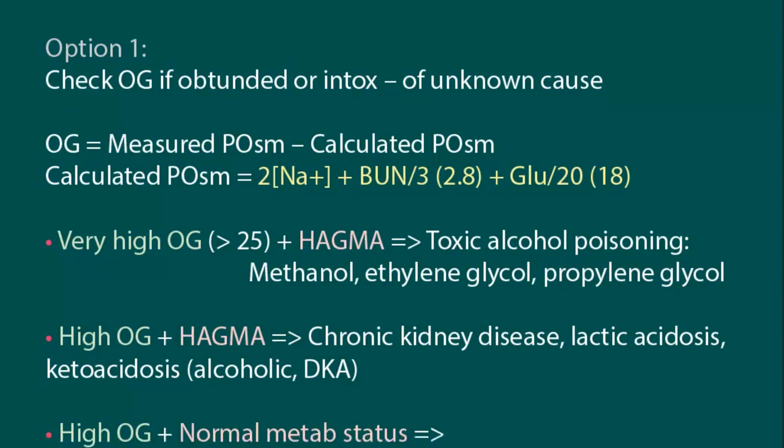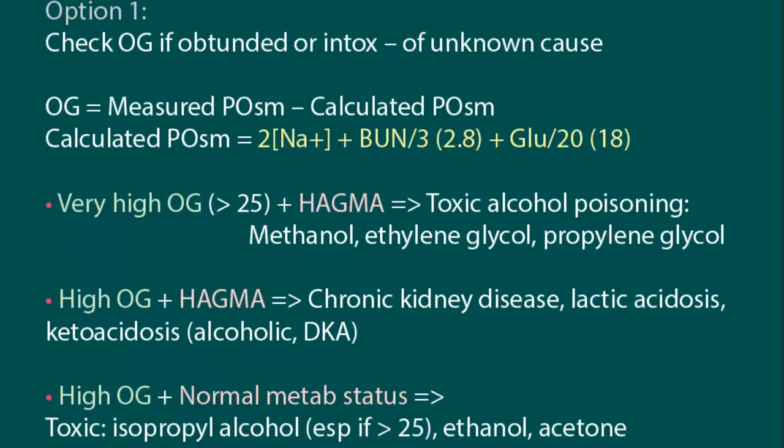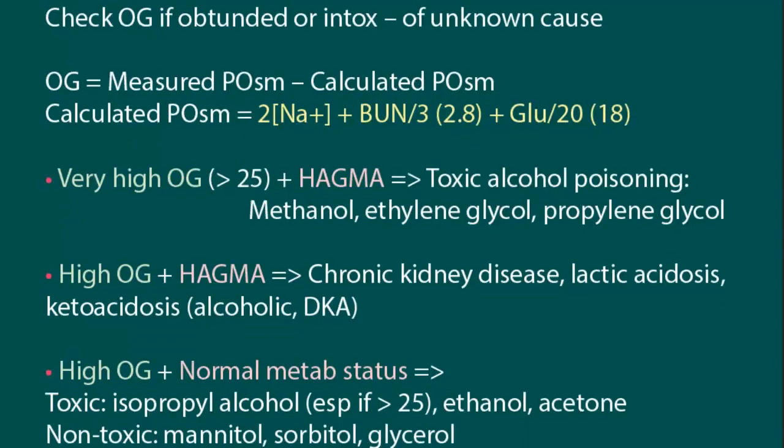That's methanol, ethylene glycol, or propylene glycol. If you have a high anion gap but a normal metabolic status, think isopropyl alcohol. And you can see the other causes of it here.